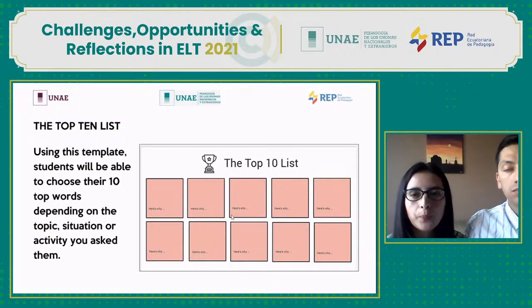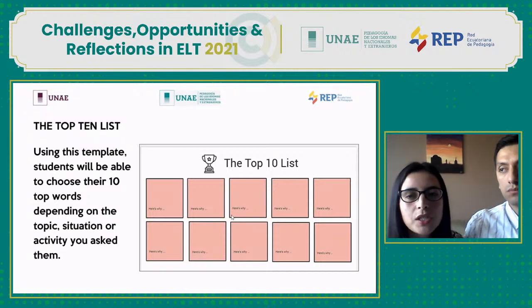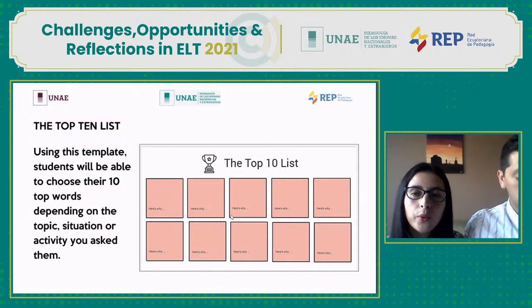Okay, so here it's also important to mention that this activity is really nice to develop critical thinking while working on vocabulary. Why? Because students need to think about the 10 most important words they want to include in this list.